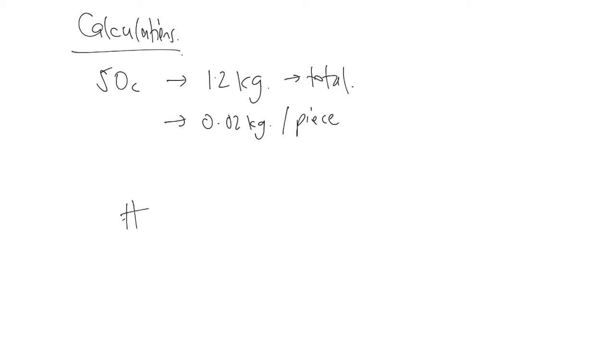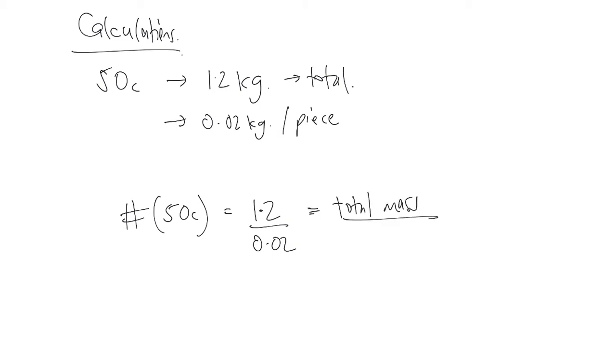The number of 50-cent pieces would be equal to 1.2 over 0.02. Or if I was to put it into words, the total mass over the mass of one piece.